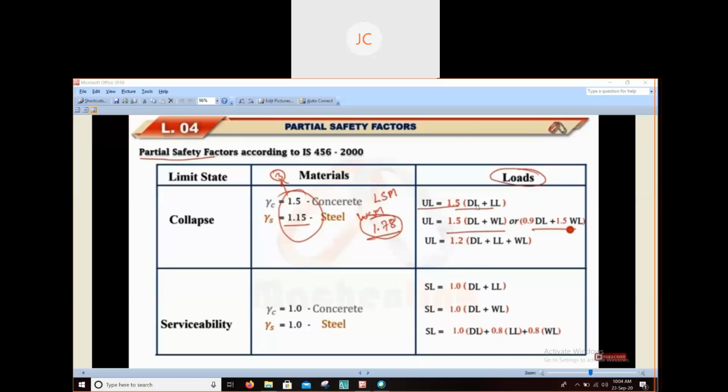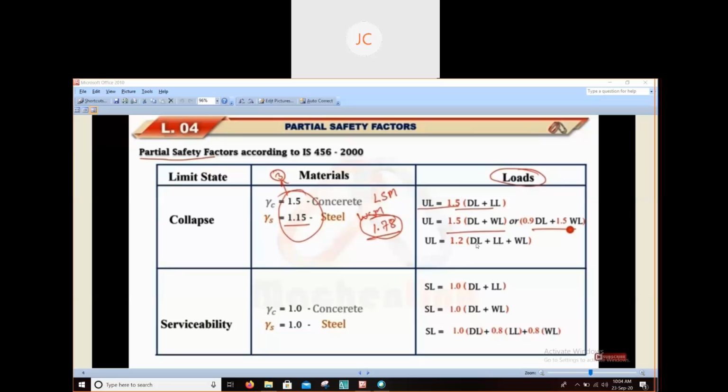So if you are considering live load and dead load, then your partial safety factor will be 1.5. Then if you are considering dead load and wind load, in that case your partial safety factor will be 1.5, or you can use this formula also, 0.9 into dead load plus 1.5 into wind load.